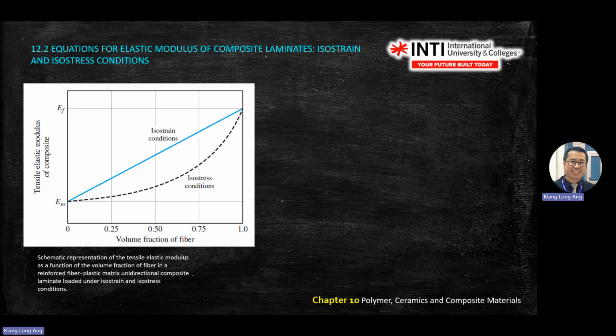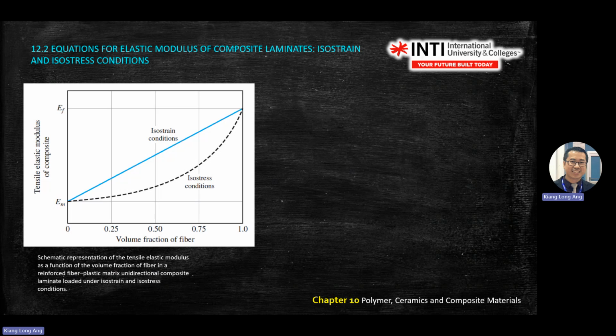What is the form of a linear equation? Correct, y equals mx plus c. Now what do you plot on the graph here? EC versus V what? Volume fraction of fiber, so it's VF, not VM. So EC versus VF gives a straight line.